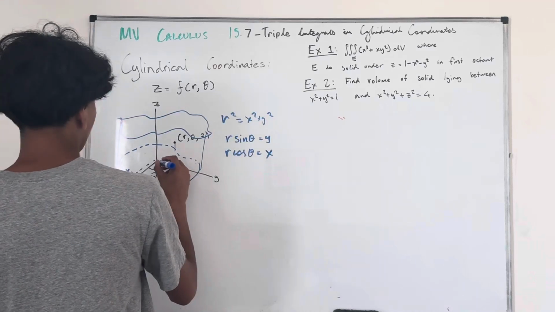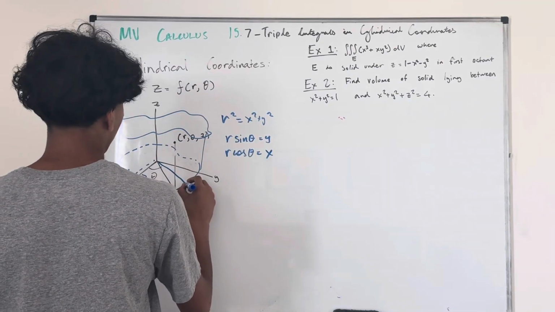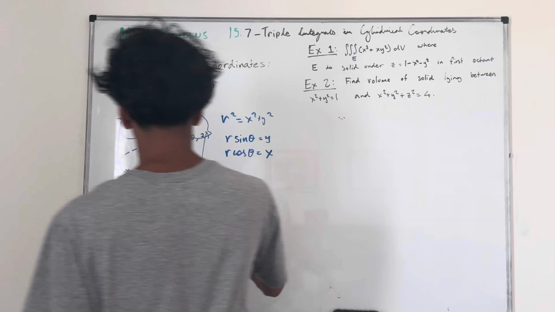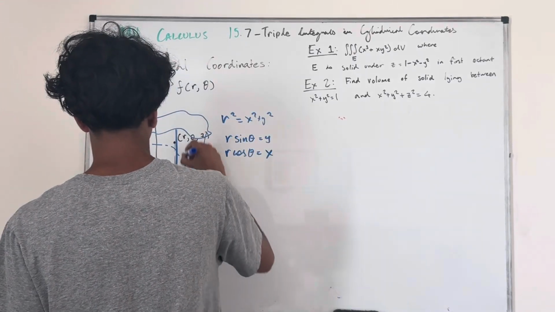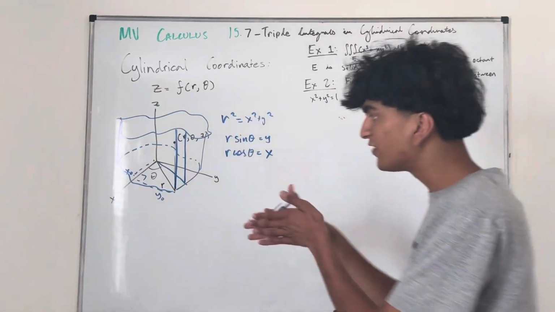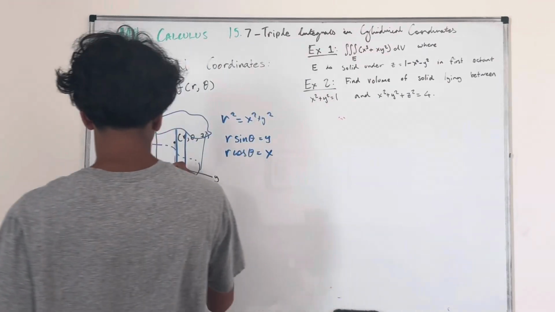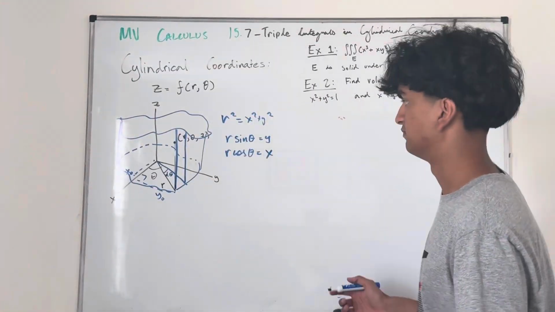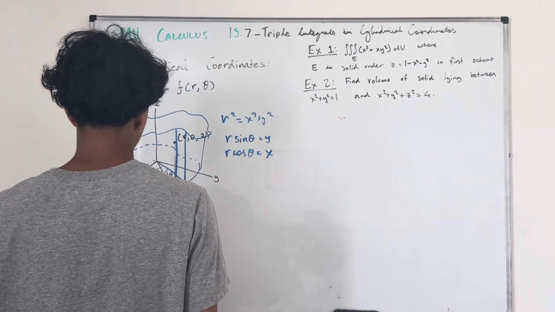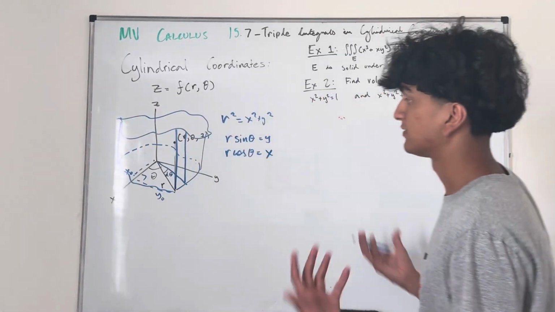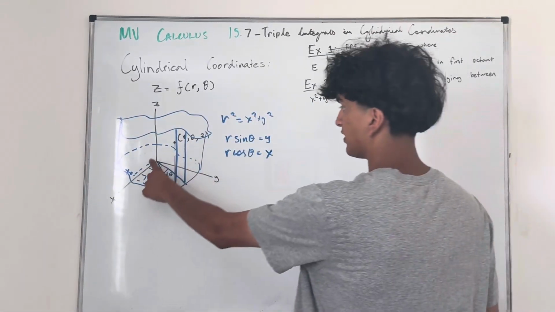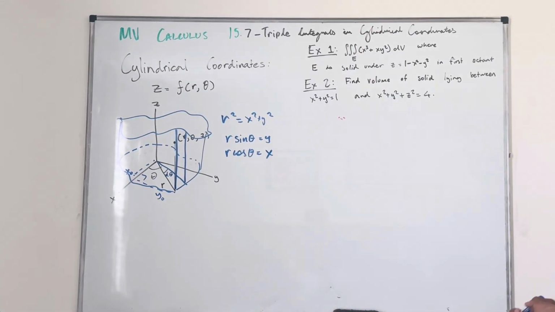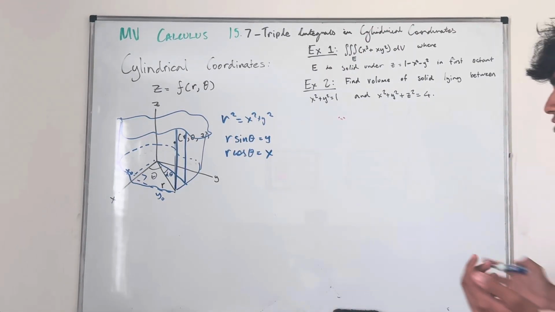If we take this little polar area and multiply it by the height, this very thin slice where this represents d theta, and this length represents r, then you can find the area and then do base times height.